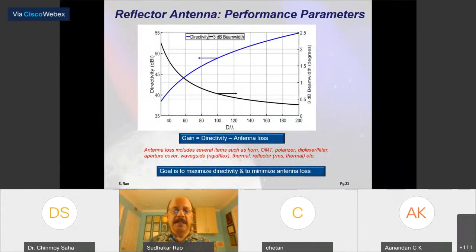And some performance parameters: the directivity versus D over lambda. Directivity on the right hand side, you have 3 dB beam widths in degrees. As you increase the size of the reflector, these are actually optimized for 80% efficiency. So you can use these curves for most cases.